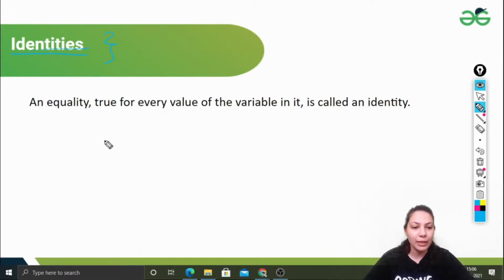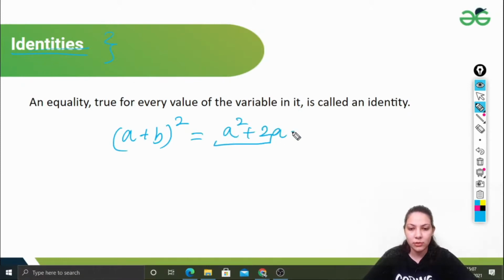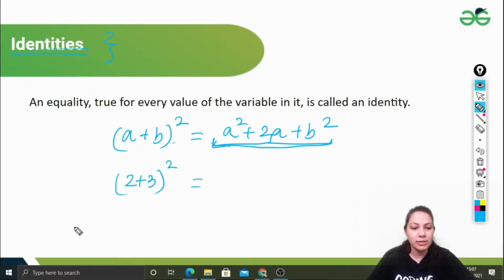For example, if I generate a generic equation like that, a plus b the whole square will result into some value like a square plus 2ab plus b square, and it will always result into the same value. For example, 2 plus 3 whole square, let us take 2 plus 3 into 2 plus 3.